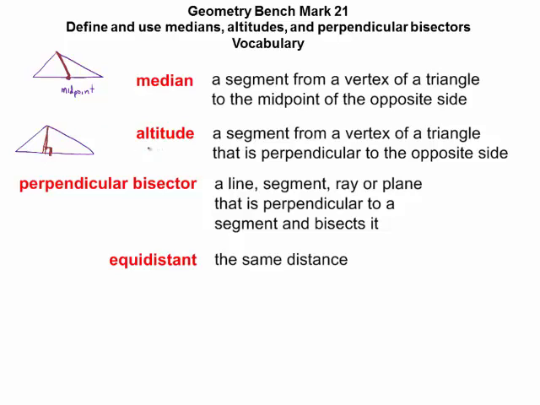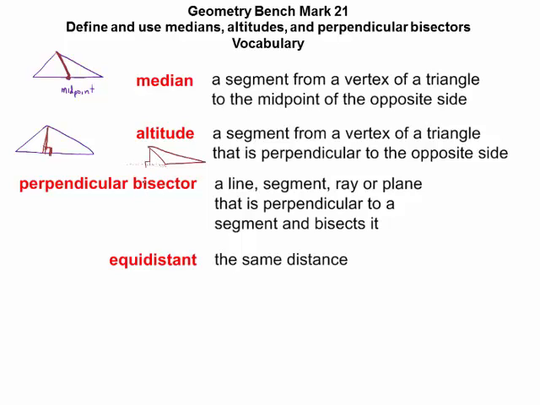In some cases, if you have an obtuse triangle, the altitude can fall outside of the triangle because it has to be perpendicular. There's no way to go from here to this side and be inside the triangle and be perpendicular. So basically, you extend the side out, pretend, and the altitude goes straight down. Always straight down to a 90-degree angle.